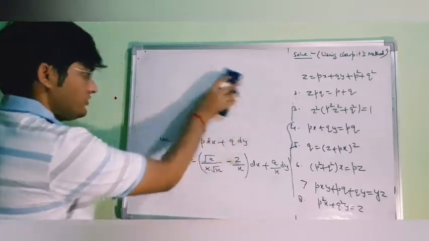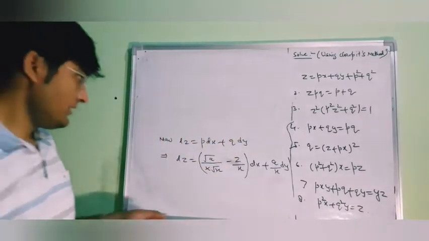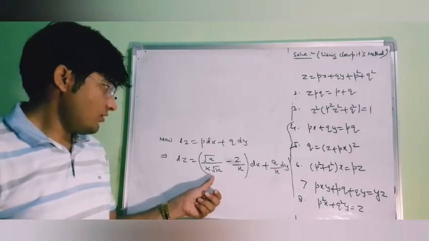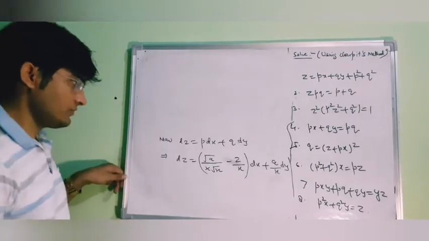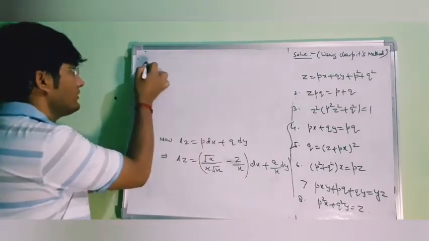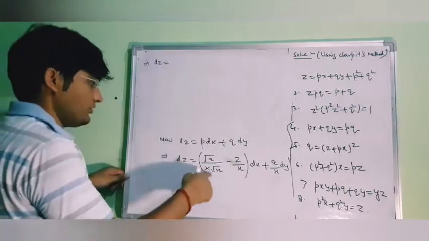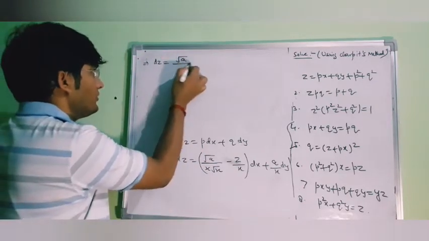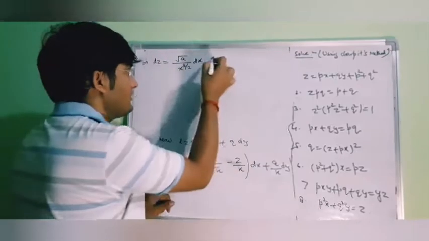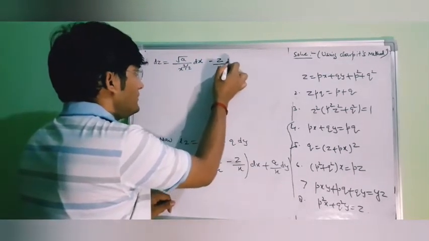Now let us integrate this term. As you can see that here our x is common. We can also write this term as dz equal to root a upon x power 3 by 2 into dx, then here we will have minus z upon x dx.